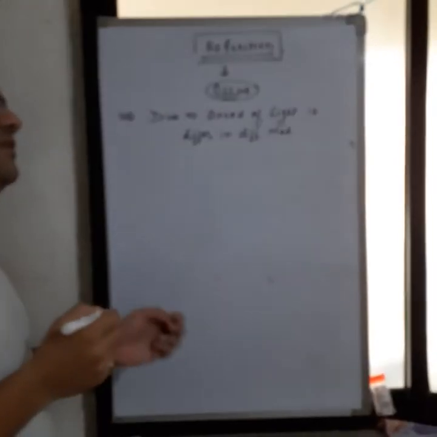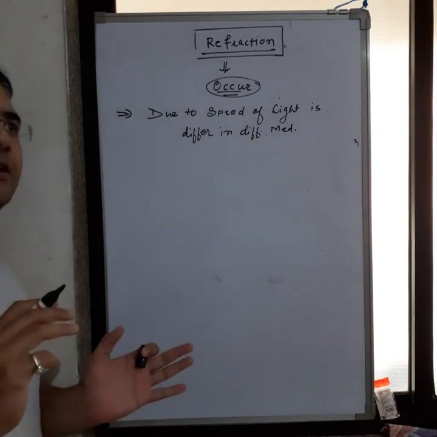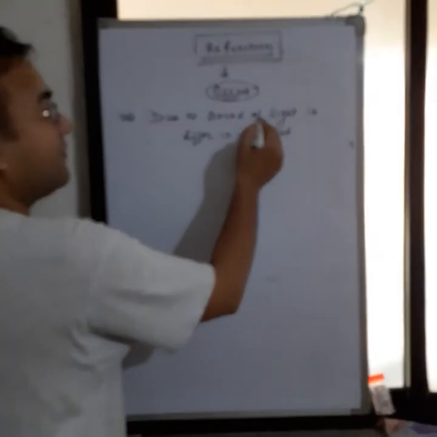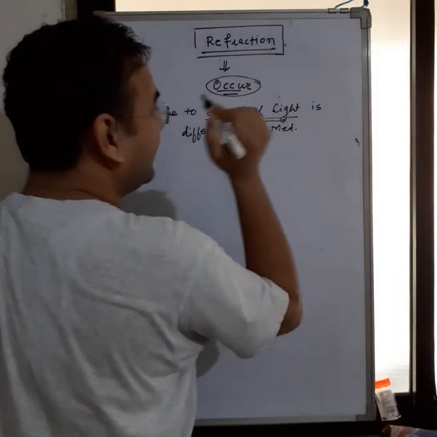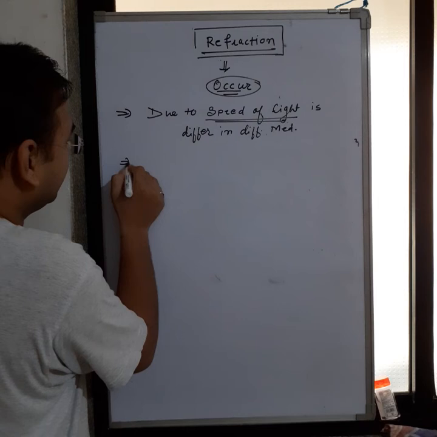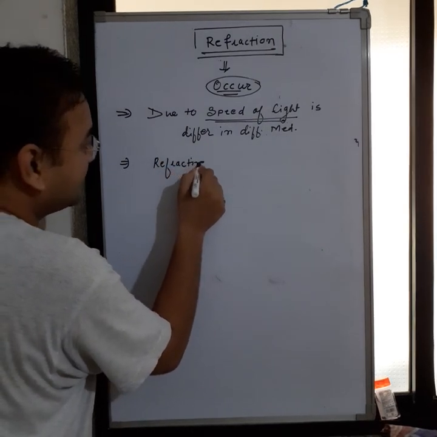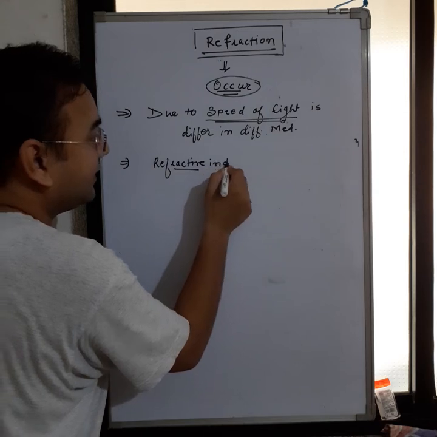So ultimately we can say that the refraction certainly depends on the speed of light. It is going to be measured by refractive index.